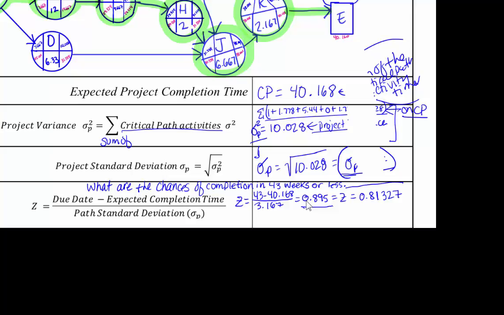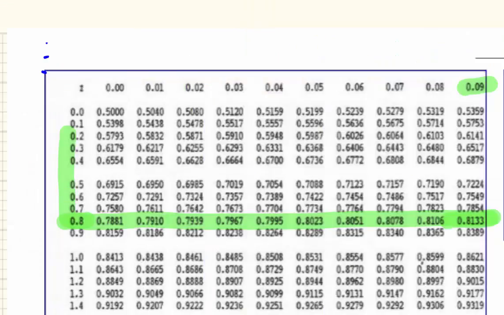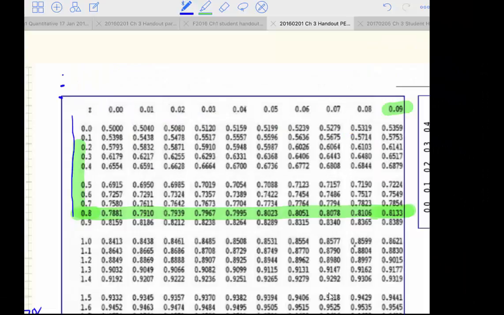I've already put it in here, but let's go ahead and flip to the Z-chart real quick, which is here. And what we do is we come down the left hand side until we get to the 0.8, which is right there, and then we're going to come across where the green line is until we get to 0.09, and the way we see that is right here.